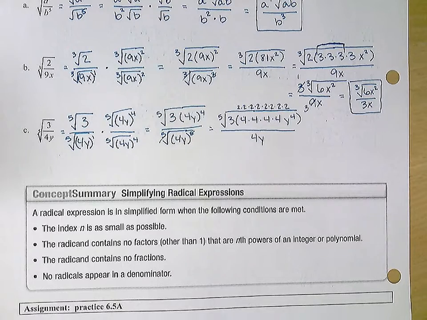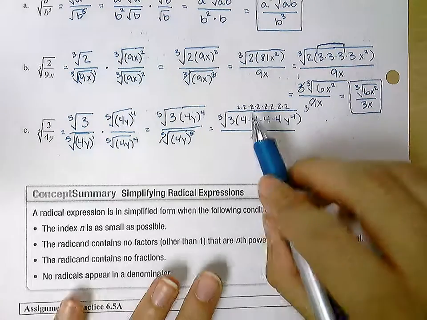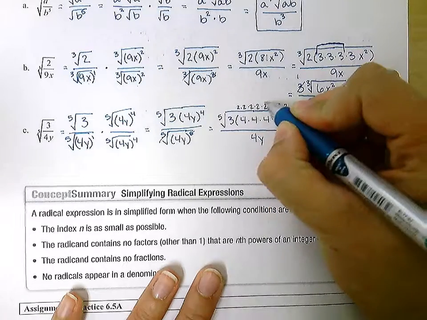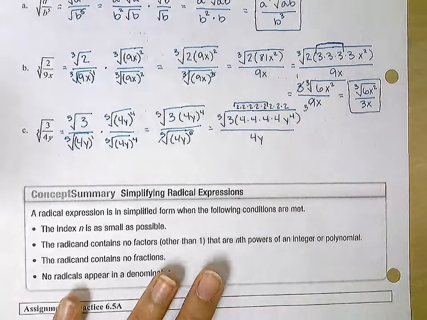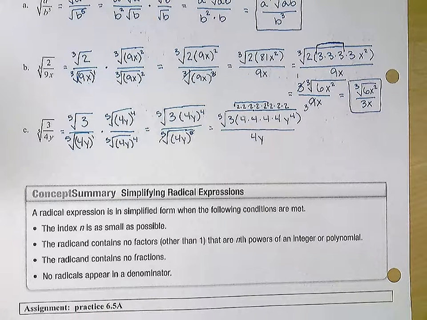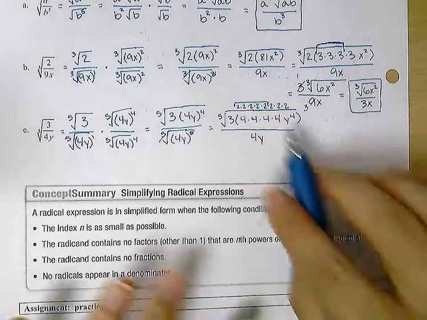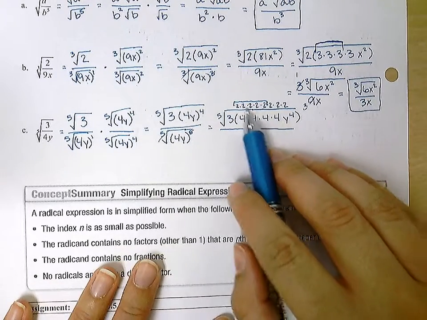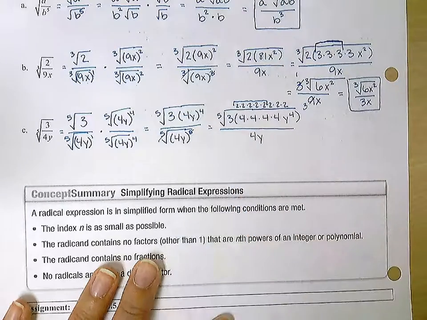I know it's hard to see. I want to group 5 of them together. So I have 1, 2, 3, 4, 5. These 5, I can take one out. I wanted to do that so I know how many I had left. Okay, there were 3 left here, so I'm going to take one of those 2s out of that root.